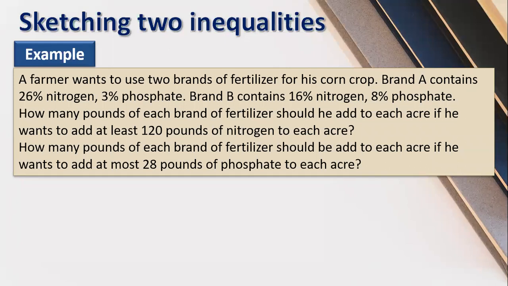Now we consider a farmer who wants to use 2 brands of fertilizer for his corn crop. Always keep in mind that a linear programming problem starts with two types of something: two brands, two outlets, two factories.